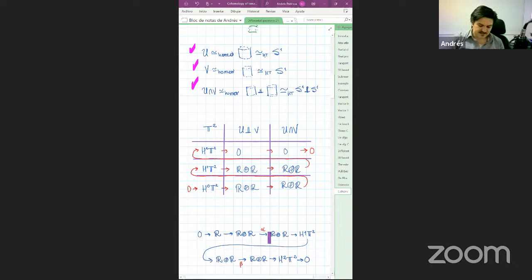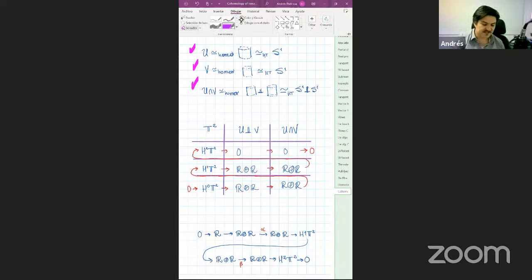Here, the map alpha is this one, and I also have a map beta, which is this one. So this 0 starts here and we go all the way up to here. That's a long exact sequence of vector spaces.